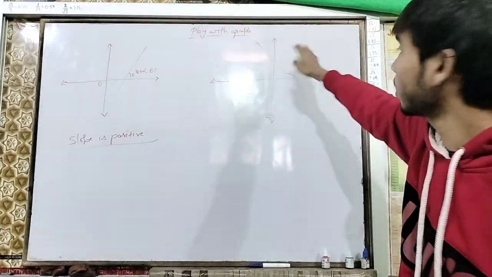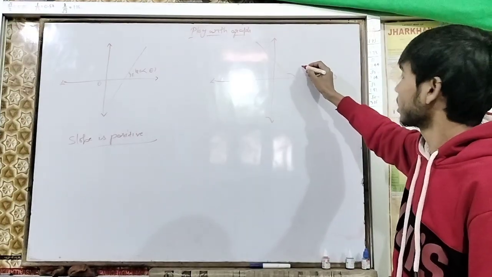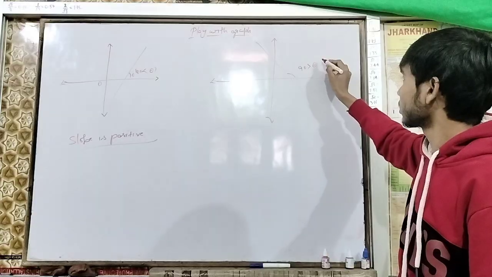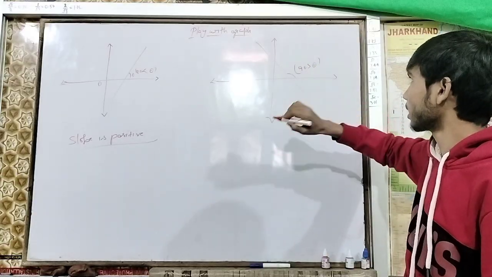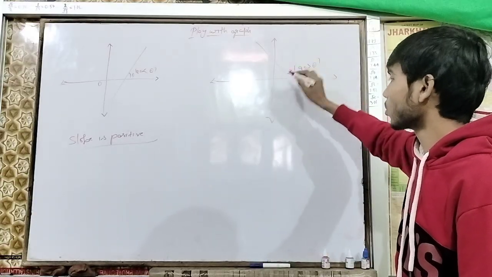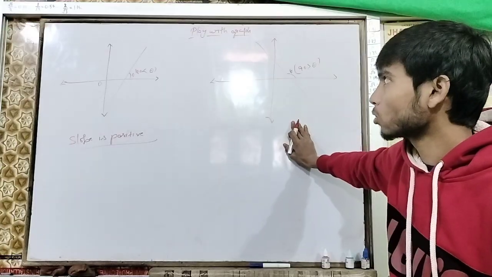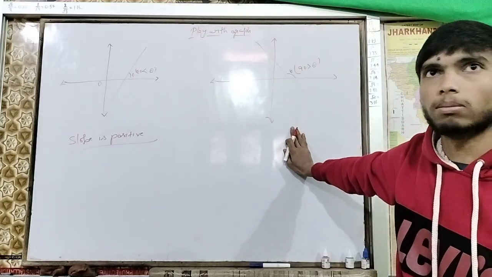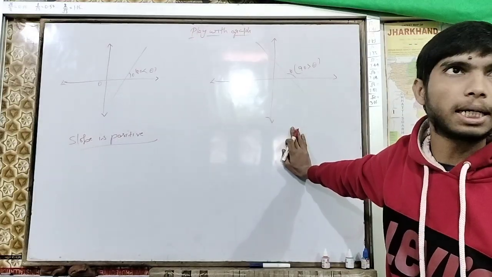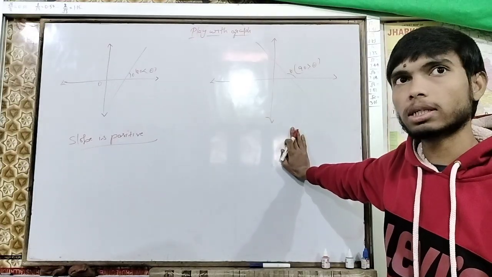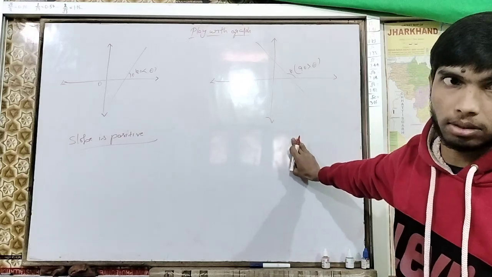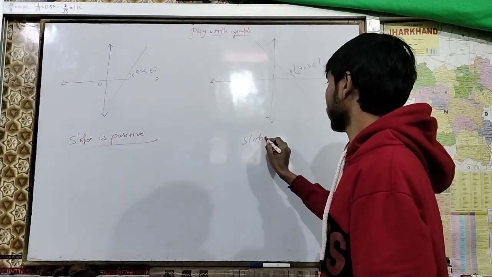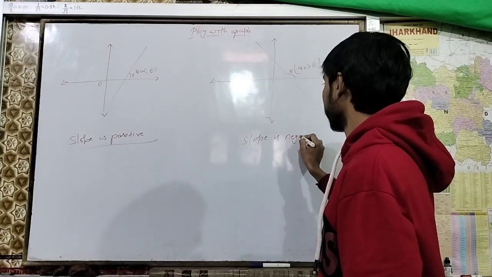So here our angle is more than 90 degrees. If the angle of a tangent is coming more than 90 degrees, then you would say the slope is negative.